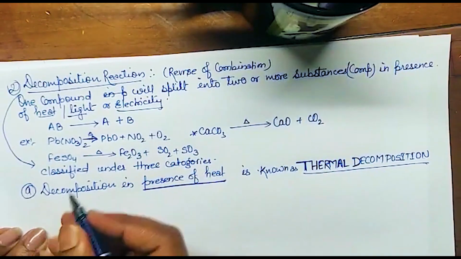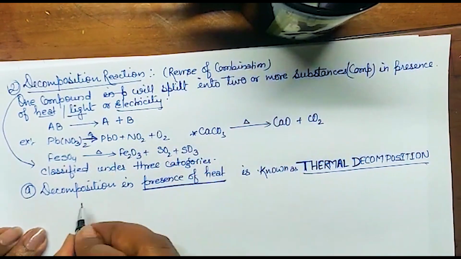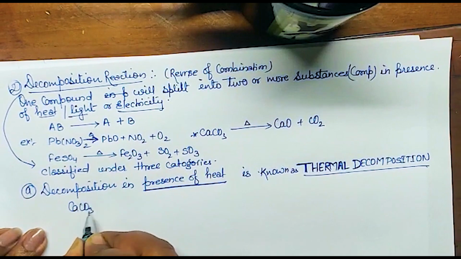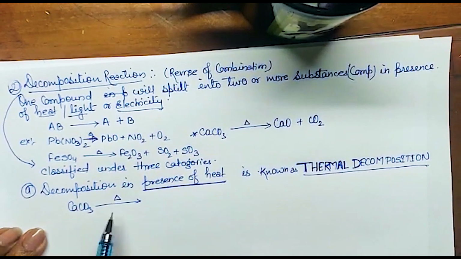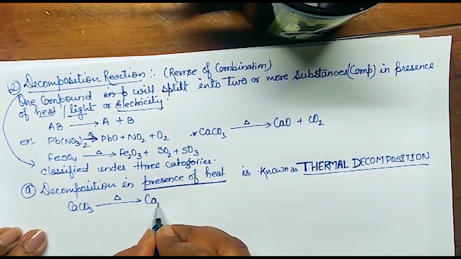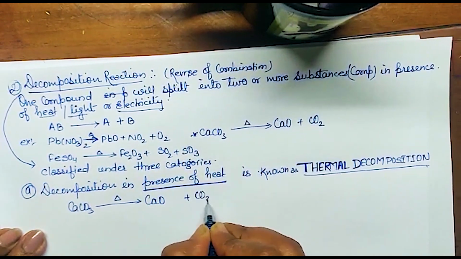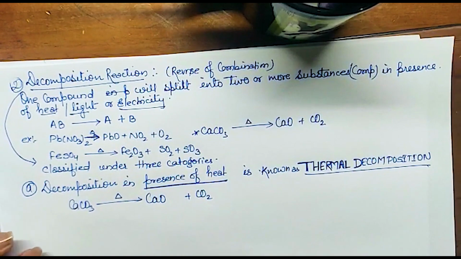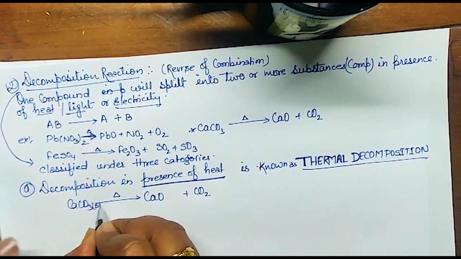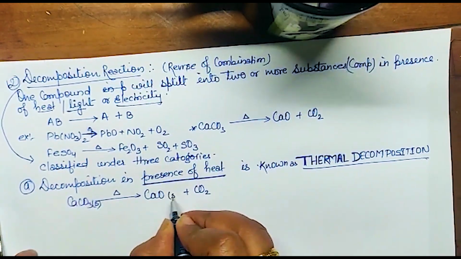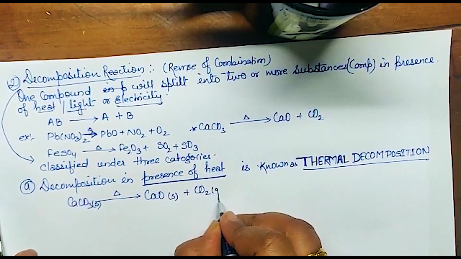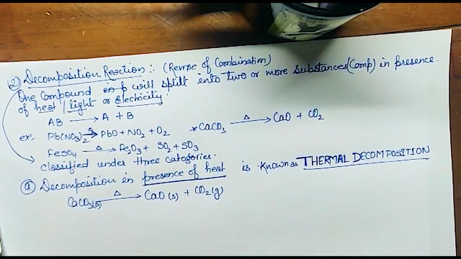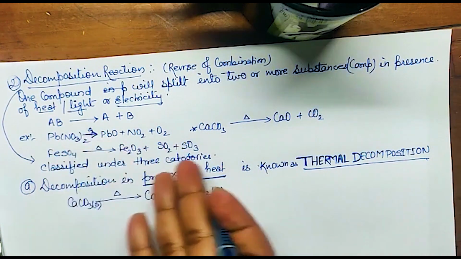Example, all these three are thermal decomposition only. CaCO3, whenever we put a sign like this triangle, it shows the heating sign, okay? It gives CaO and CO2. To be more informative, we can write CaCO3 is solid. When it is heated, it forms CaO solid and CO2 gas. Got it? So this is a decomposition reaction, thermal decomposition reaction.